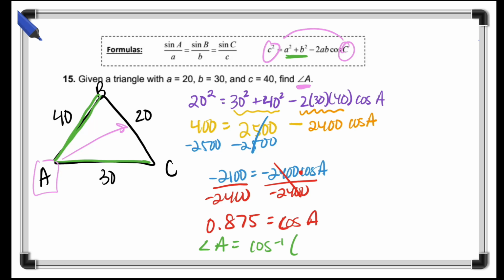So it's the inverse cosine of 0.875. And that means that angle is going to be approximately 28.96 degrees.